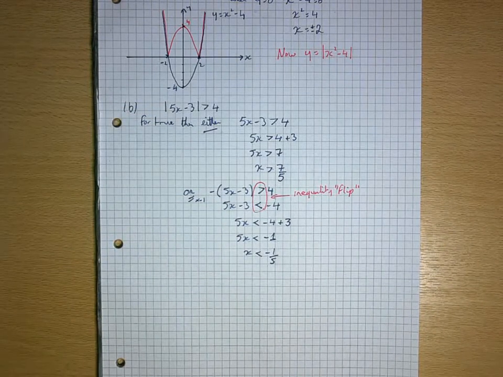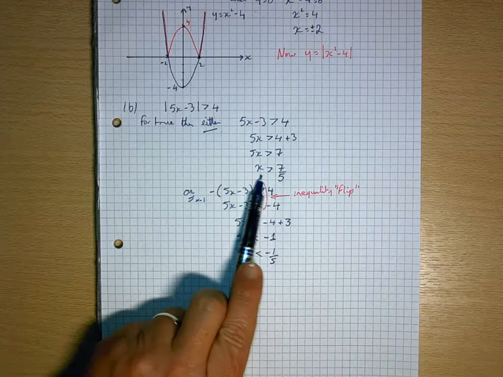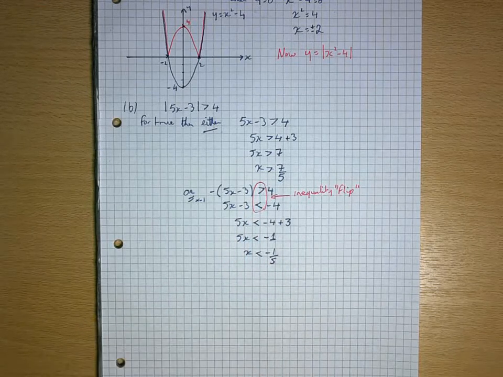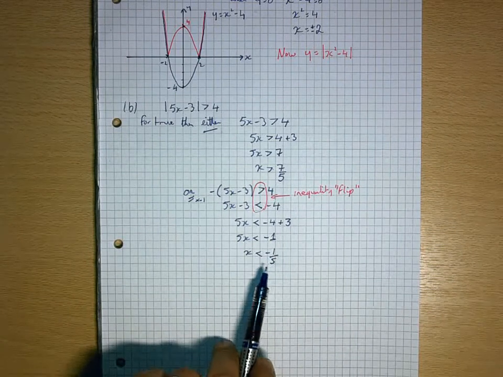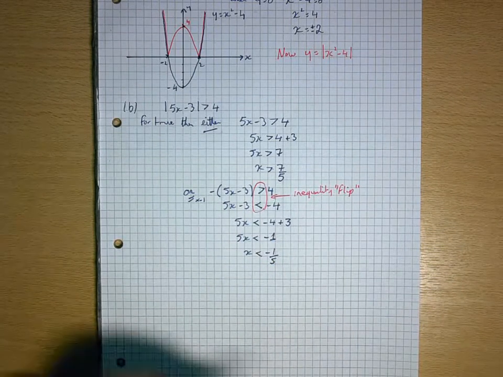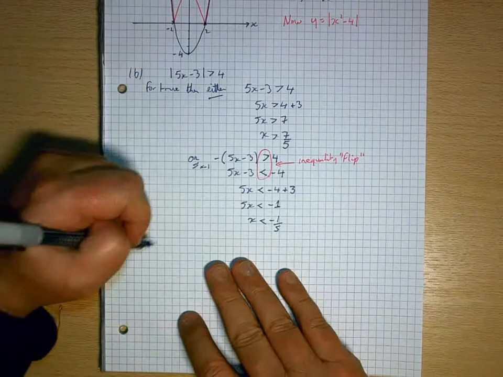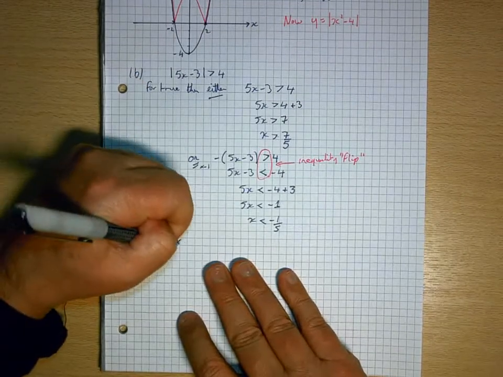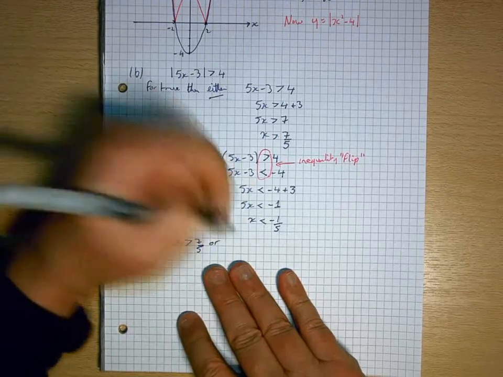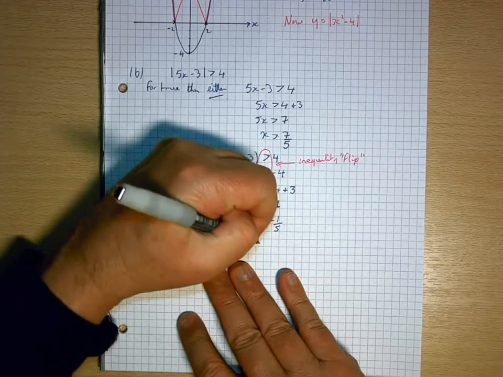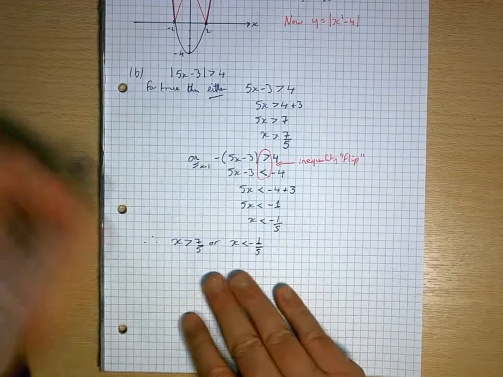Now those two values are not continuous. X can either be greater than 7/5 or less than minus 1/5. So you cannot combine those as an inequality. So therefore x is greater than 7/5 or x is less than minus 1/5.